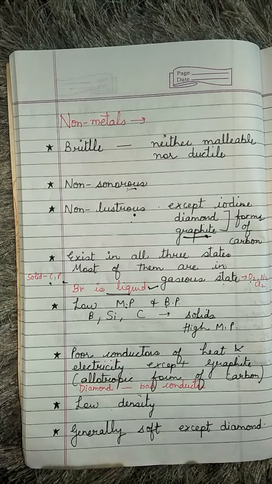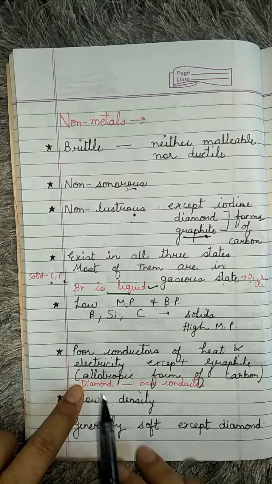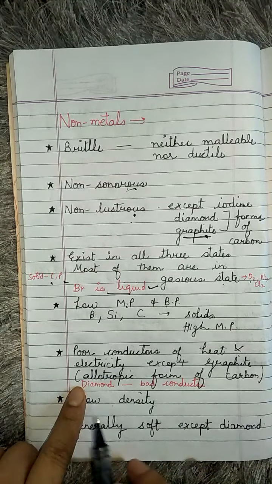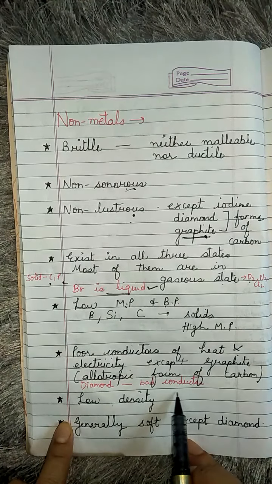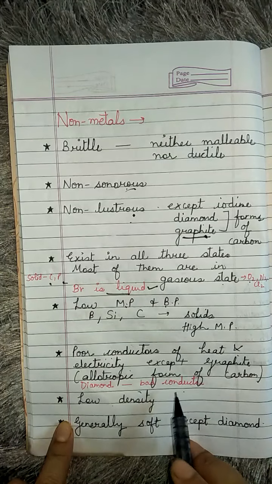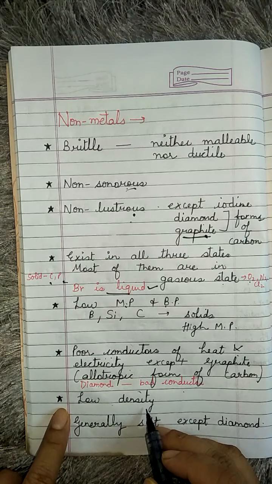The lead present in your pencil is graphite. And diamond, the other form of carbon, is again a bad conductor. Fine. Then next, they have low density.